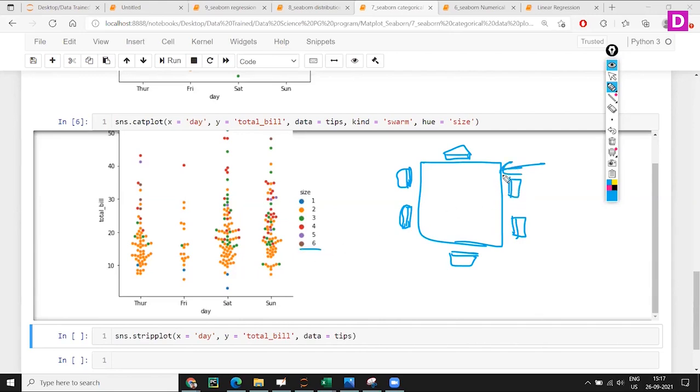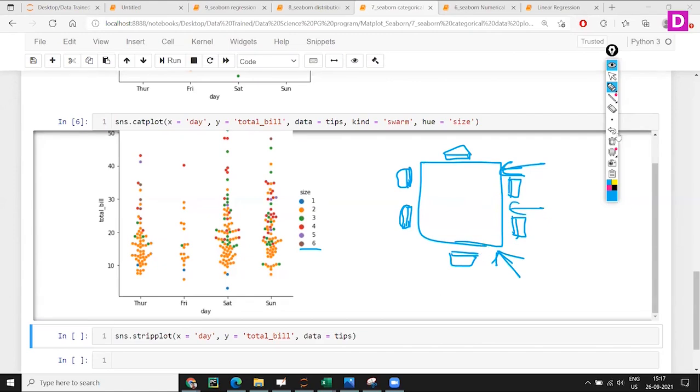So the space I'm using for the 6 people table is unnecessarily getting wasted, right? When your restaurant is in a busy or wonderful area, you have to pay a lot of rent. So when you are paying rent, why are you wasting this table? Because hardly any customers are visiting for this table.